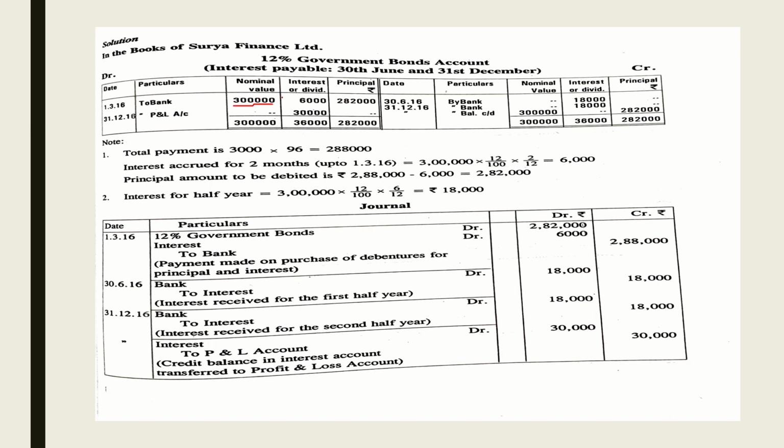Here interest is paid on a half yearly basis on 30th June as well as 31st December, and this purchase happened on 1st of March. So we have to check the number of months between the month when interest was last paid and the month when purchase happened.